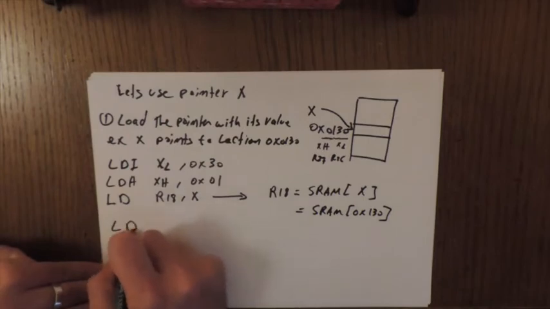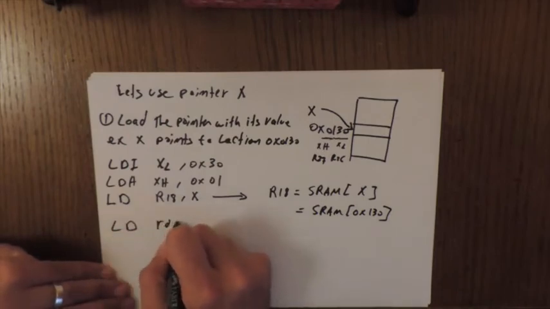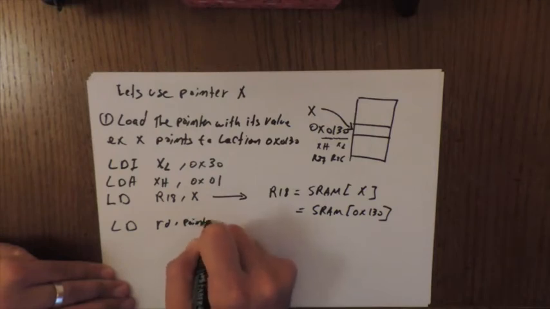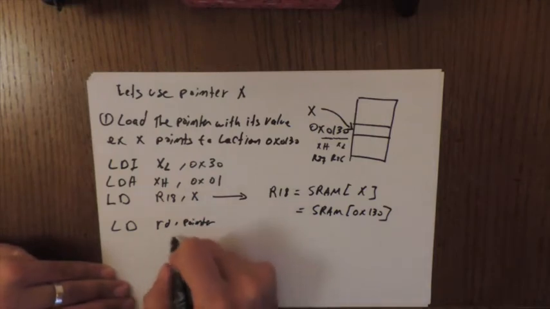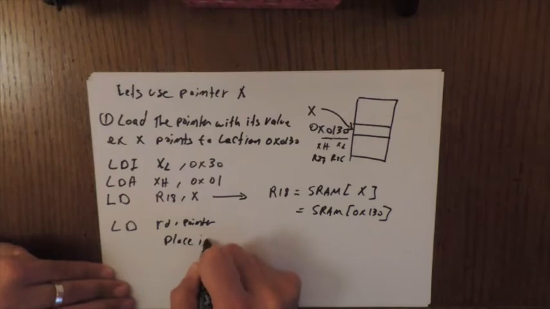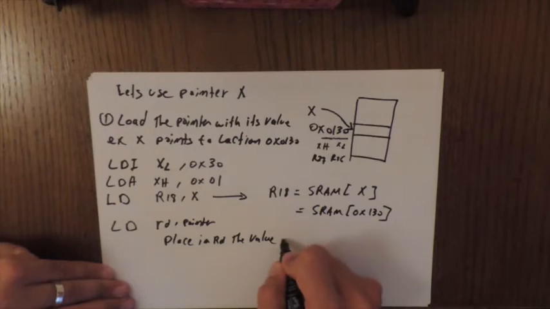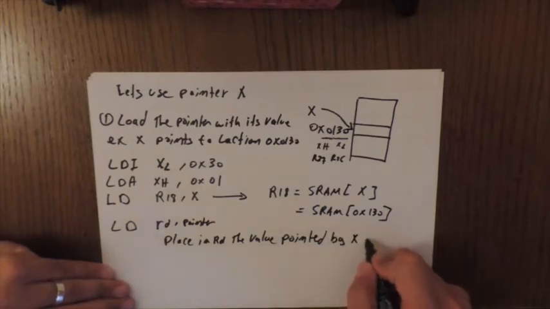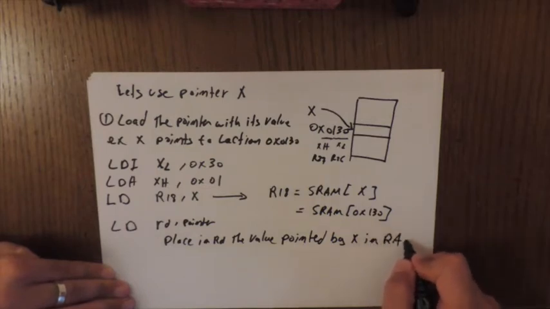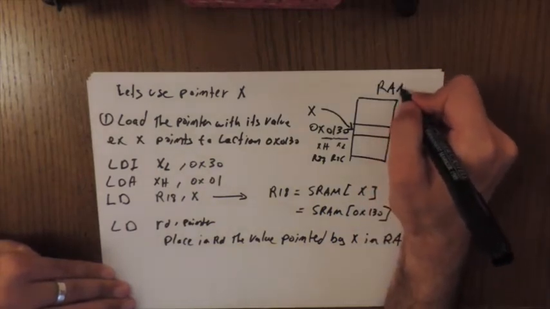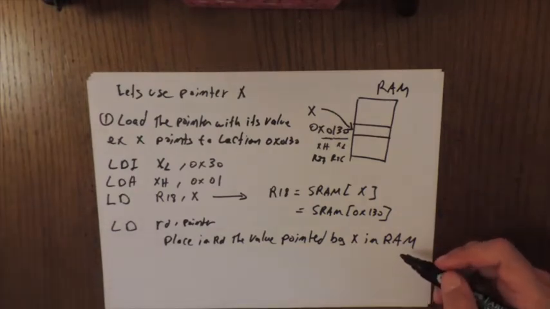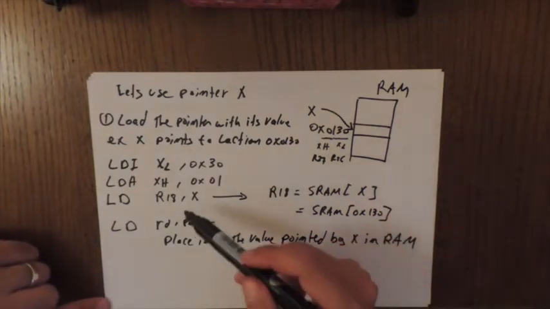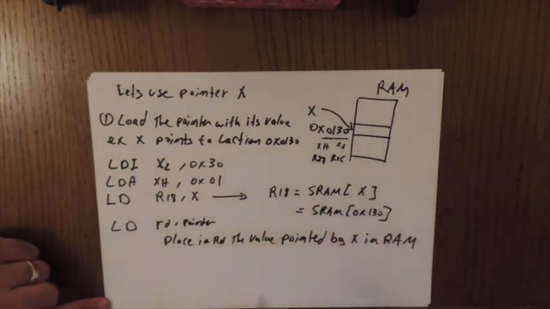So LD takes a register and a pointer, and what it does is place in Rd the value pointed to by X in RAM. So for any place in RAM, I give a value for X and I can read from it.